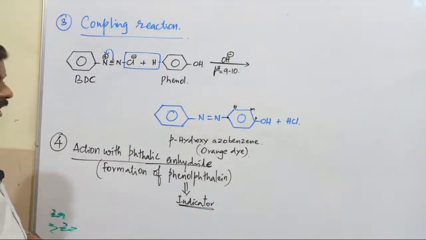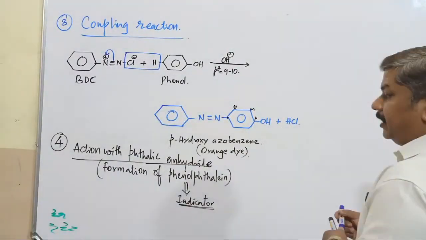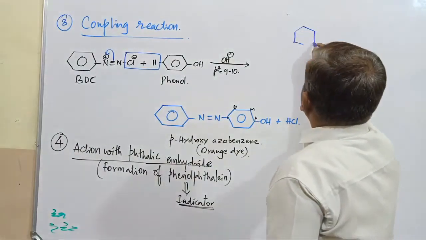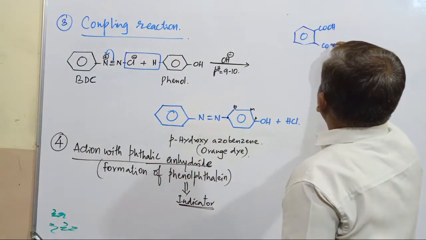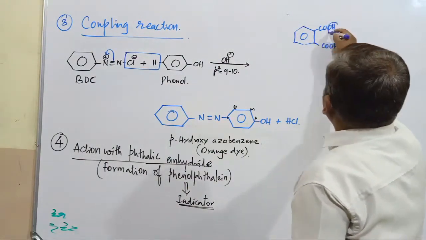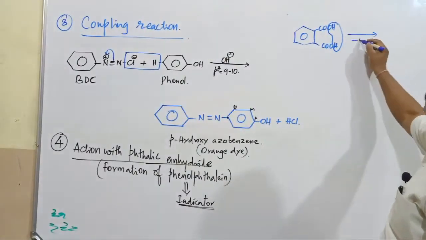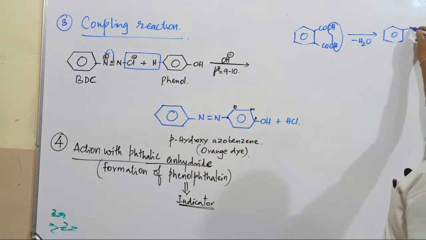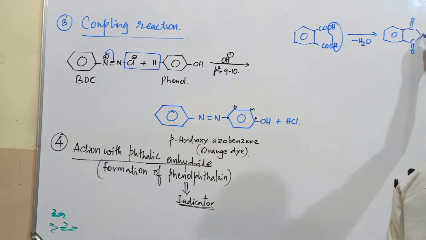What is phthalic anhydride? An anhydride is a compound obtained by elimination of water. If you observe one compound, this is COOH and this is COOH. When a water molecule gets eliminated in presence of a suitable dehydrating agent, the compound has C double bond O, this is C double bond O, and this is oxygen.